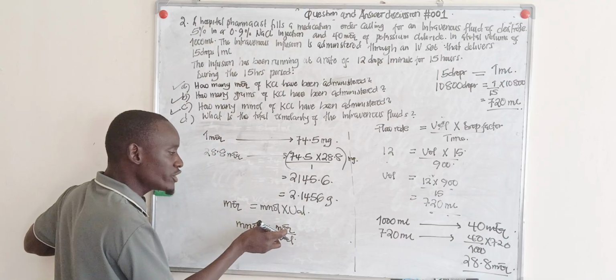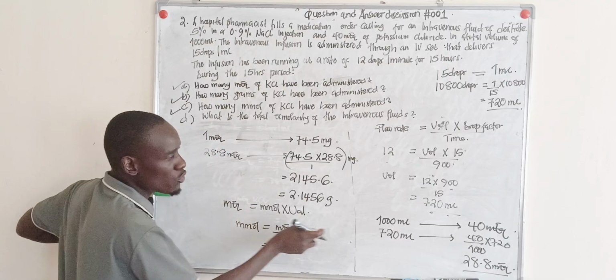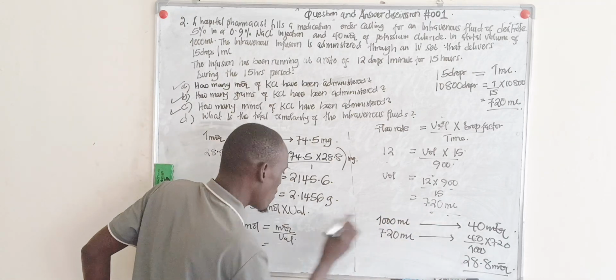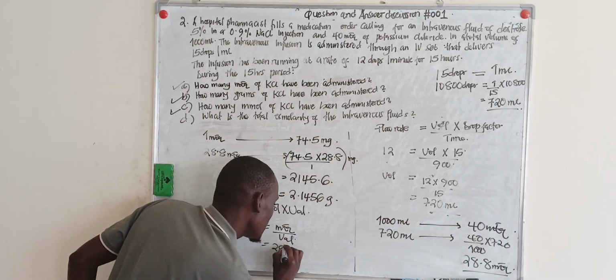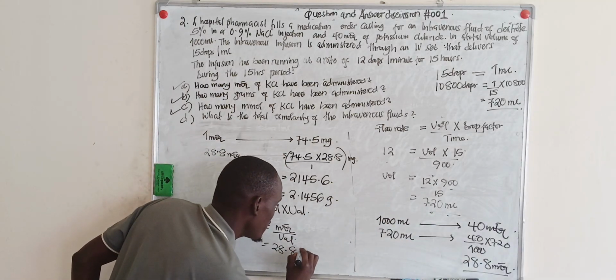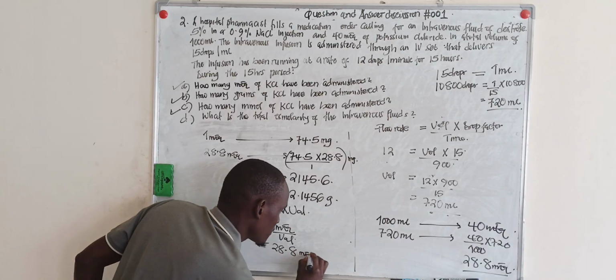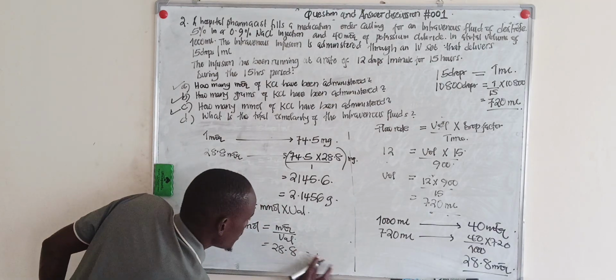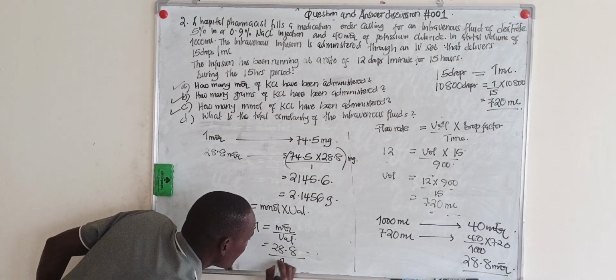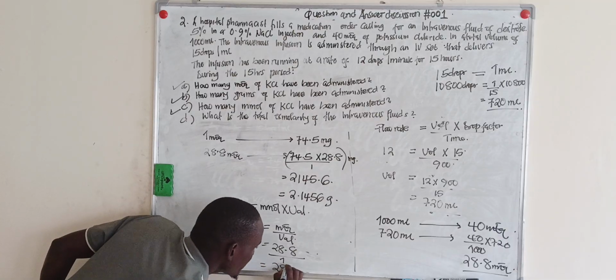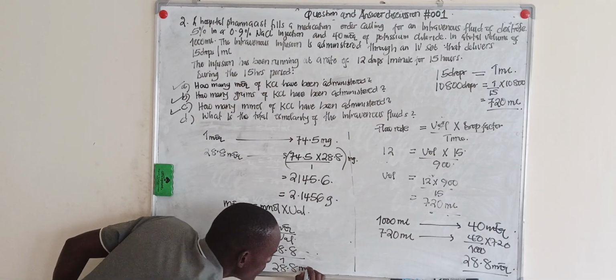We know the amount of potassium chloride that was delivered in 15 hours as 28.8 milliequivalents divided by 1. So this will still give us 28.80 millimoles.